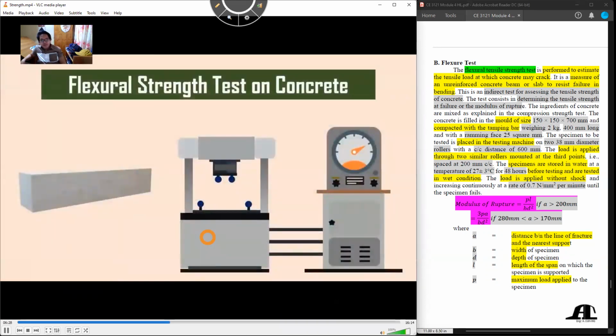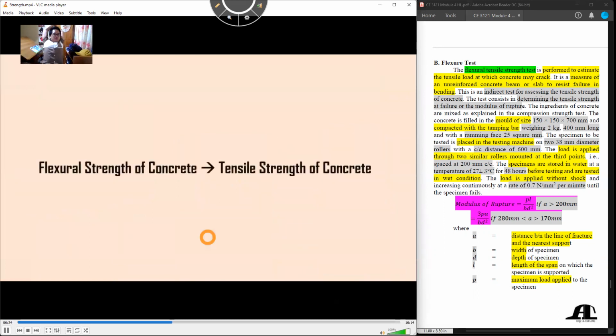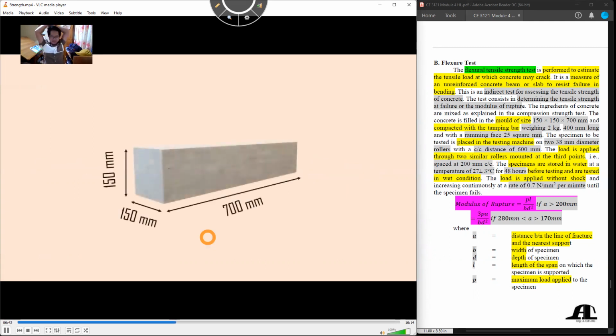Flexural strength test on concrete. The flexural strength of concrete is an indirect method for measuring the tensile strength of concrete. The test is made on the beam of size 150. Yan. So ang specimen natin class is yung beam, no?